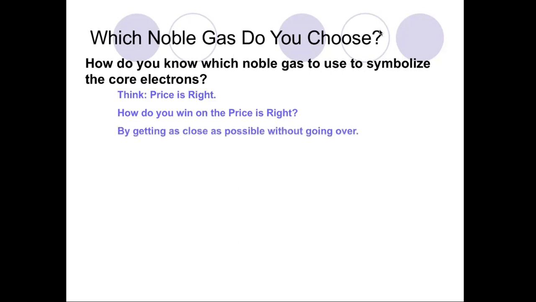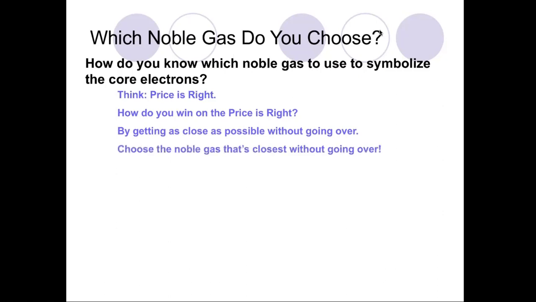However, you cannot go over the price. Let's say you say a blender was $35 and it is actually $34, and somebody else said 27. The person that said 27 would win because they got closest to the price but didn't surpass it. You said 35, so you surpassed the price. So you have to guess the price of an object without over guessing.